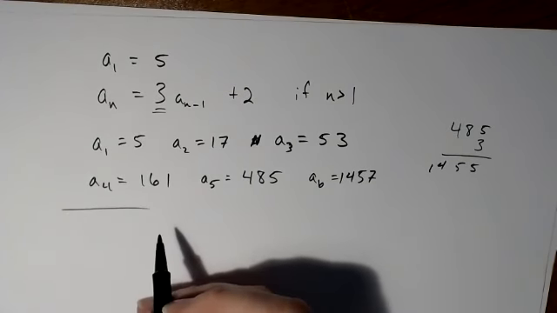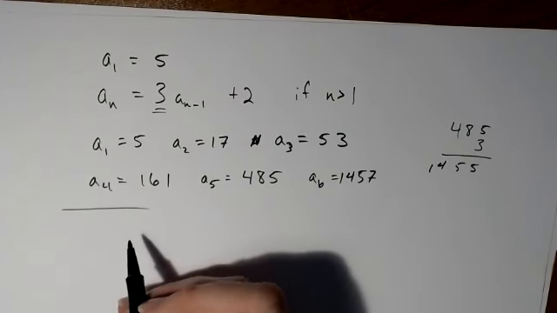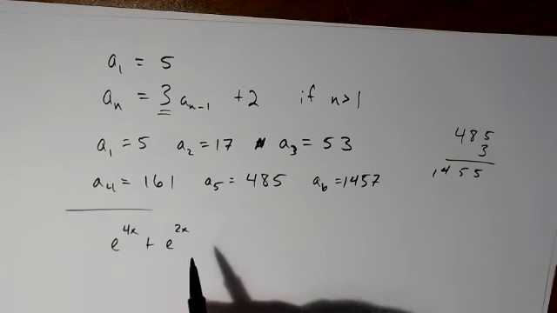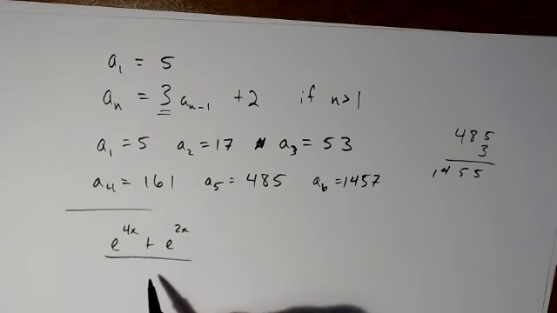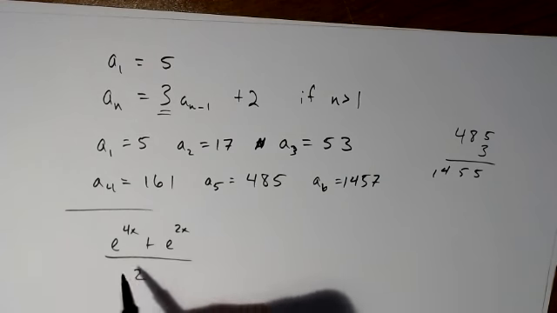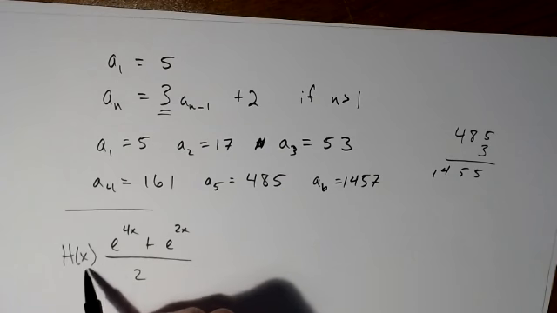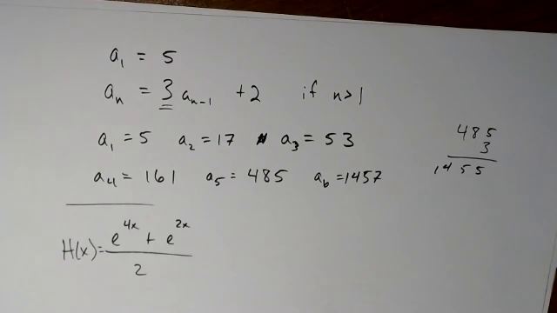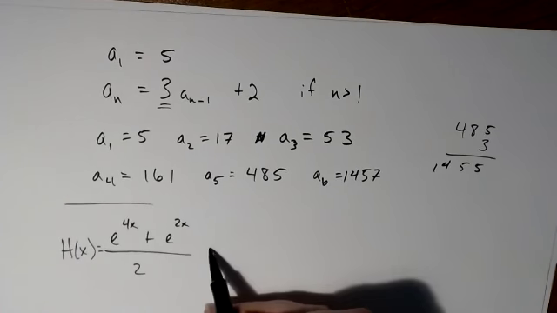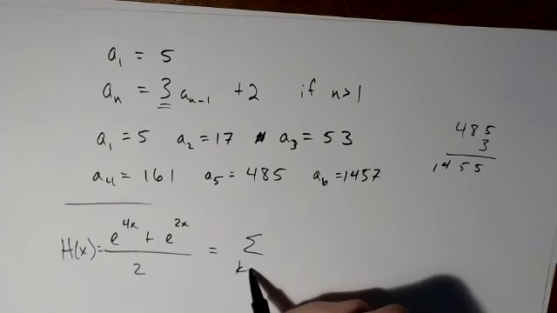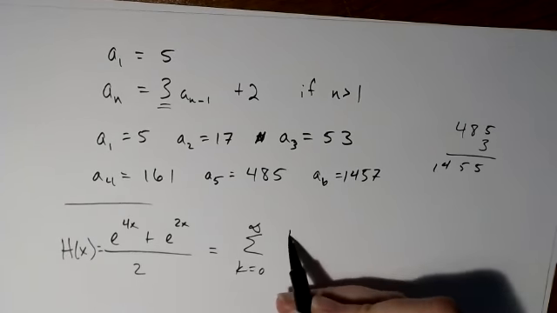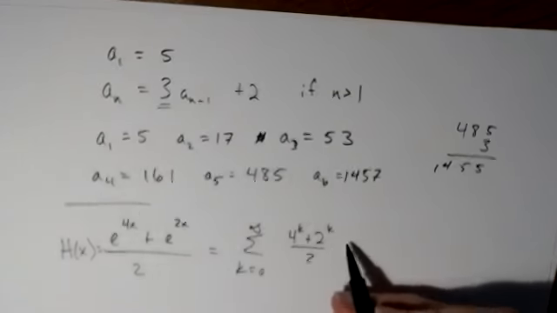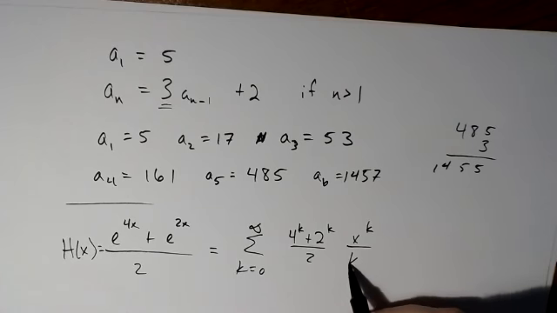So the generating function form for this is the exponential generating function, e to the 4x plus e to the 2x over 2. So this is h of x. And so this is equal to the sum as k goes from 0 to infinity of 4 to the k plus 2 to the k over 2 times x to the k over k factorial.